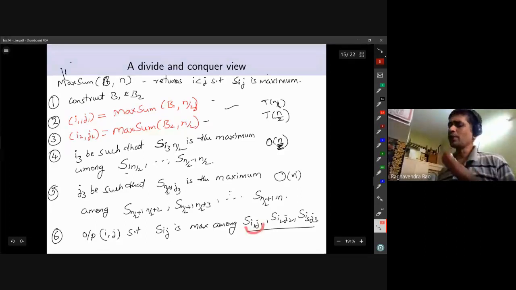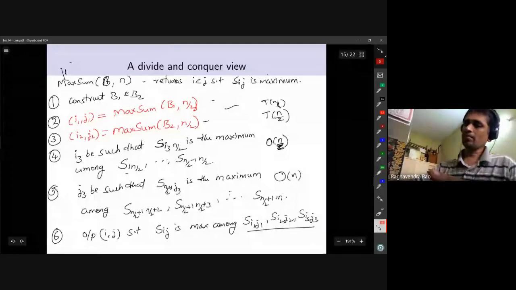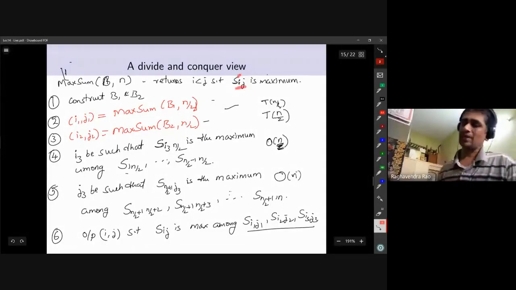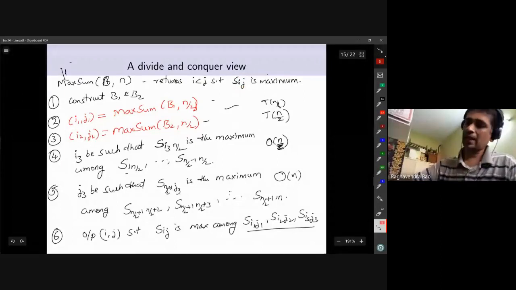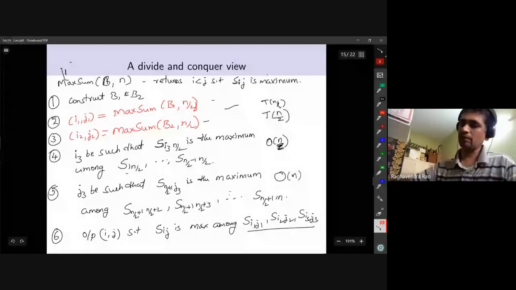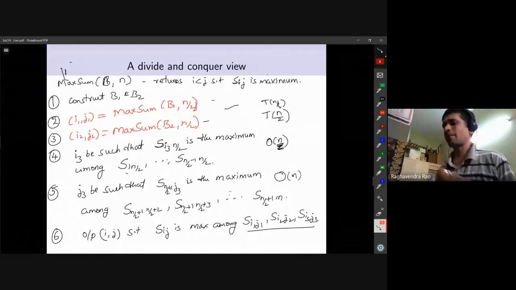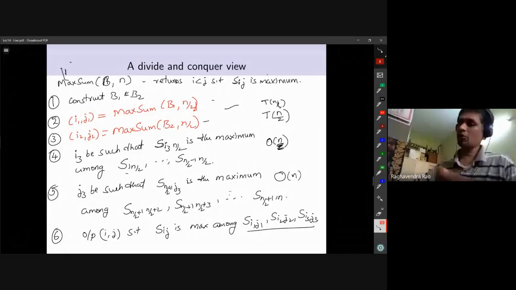For that, all you need to do is our algorithm partitions this Sij into three sets. One set which lies completely within B1, the other set which lies completely within B2, and the third one is a set of all subarrays and their sums which span across B1 and B2.